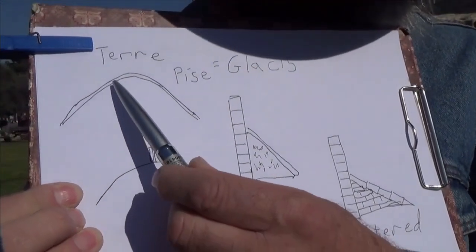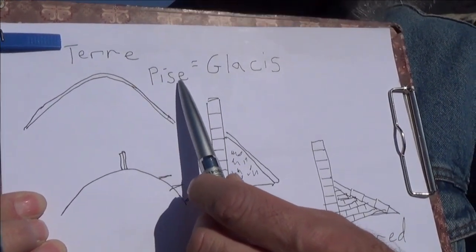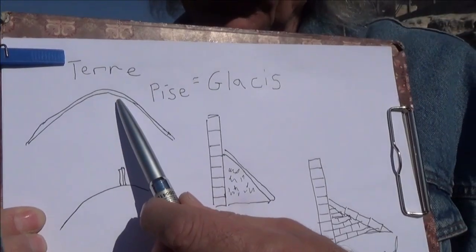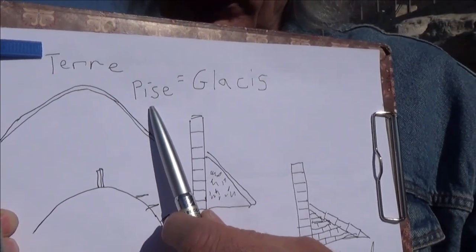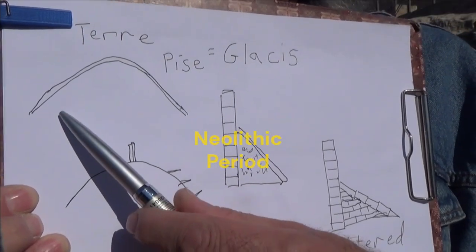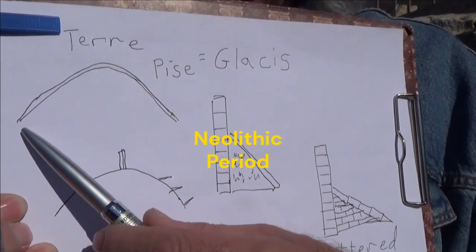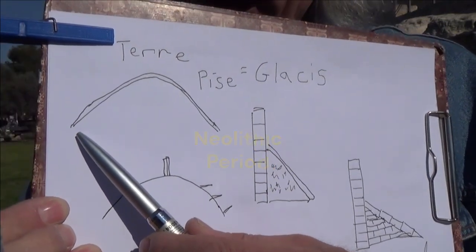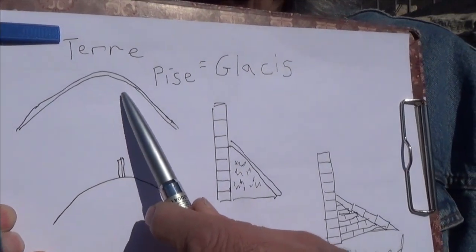So here you have the terra pisse. Terra means earth, and pisse means compress. So compressed earth. And in the Neolithic period and earlier, they had what we call mounds.